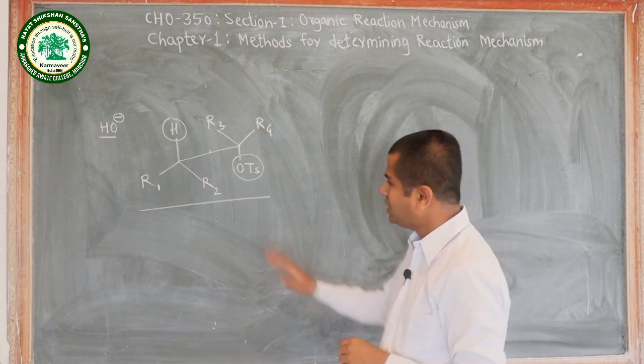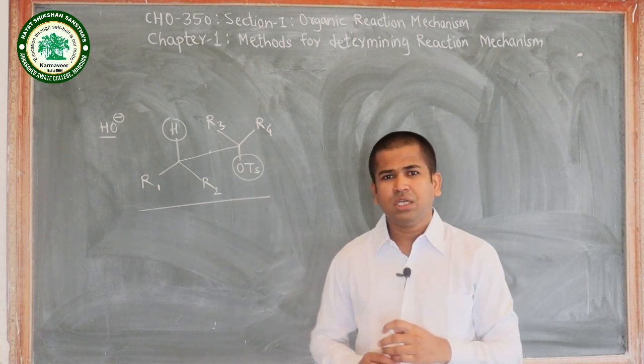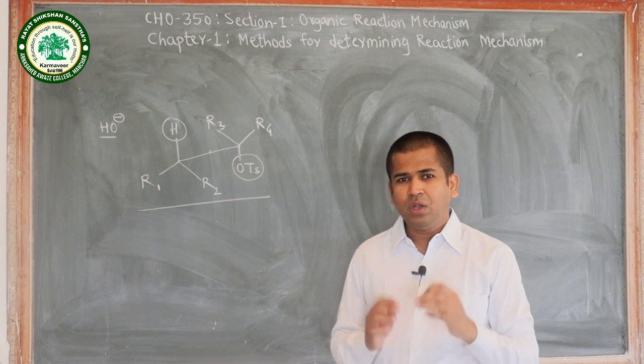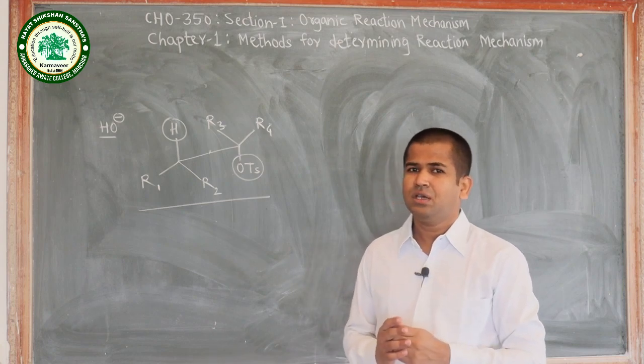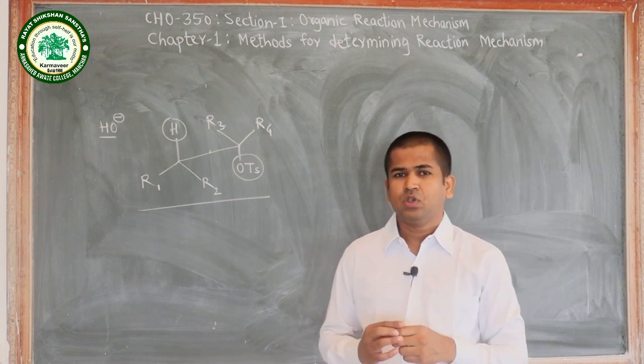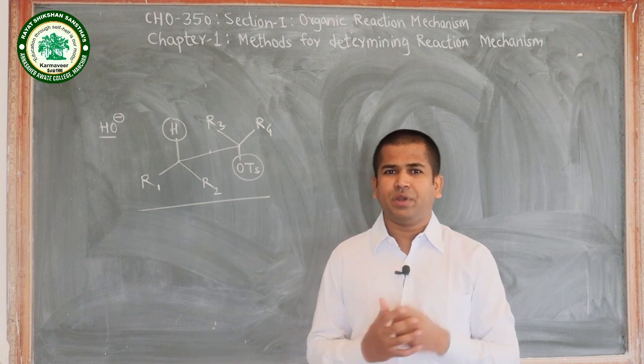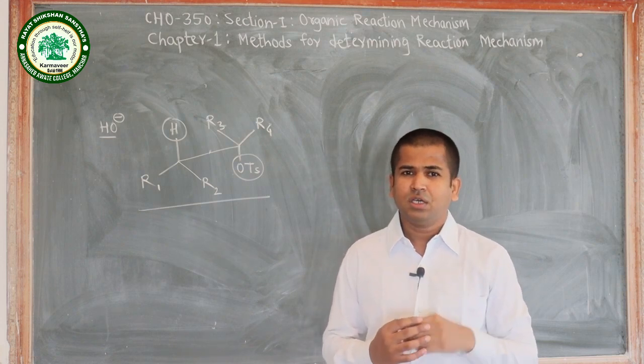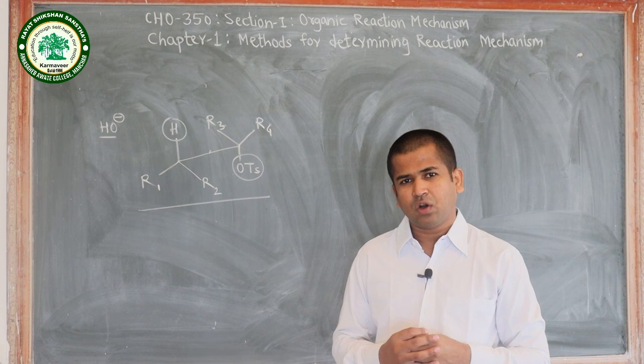So here this substrate lost its degree of freedom, and only in one type of conformation does the reaction happen. As there is a loss in degree of freedom, there is a loss in entropy.